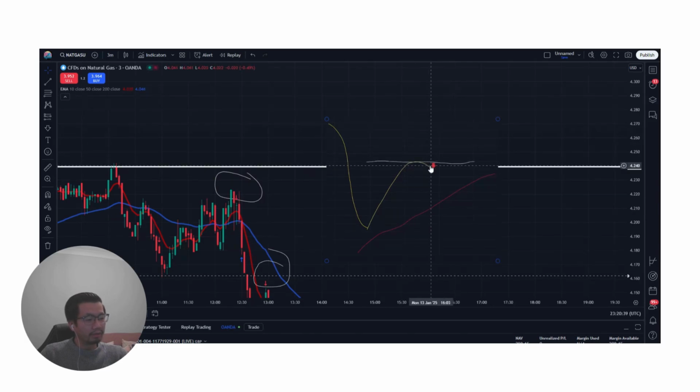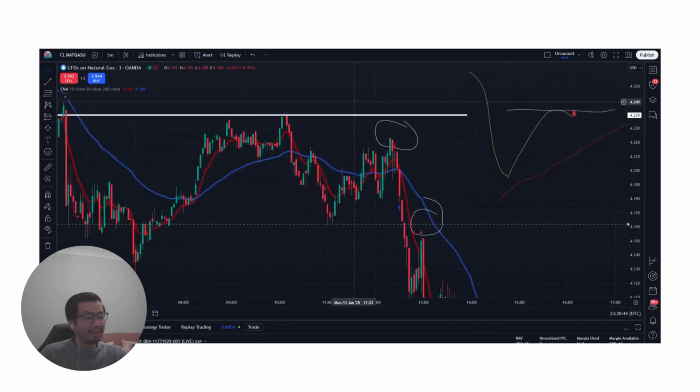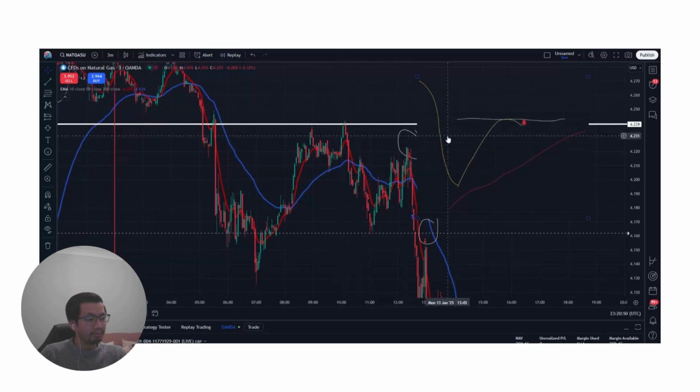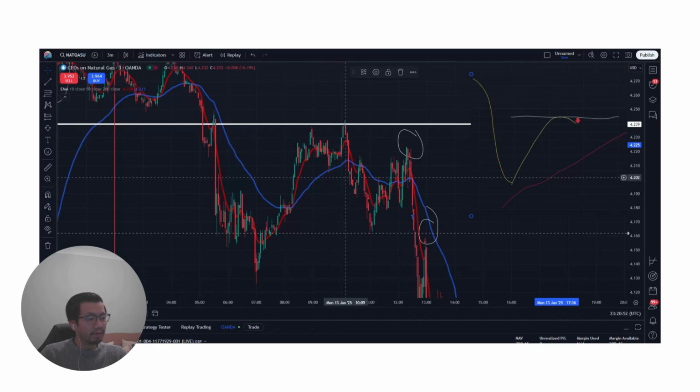Didn't do anything, so it is naturally going to touch the fast EMA 10. So as you can see, price is coming down. We negotiate to the trend line. Don't want to go past it. And so I sell it here to get close to the EMA.